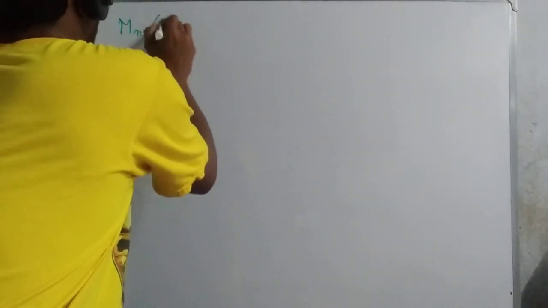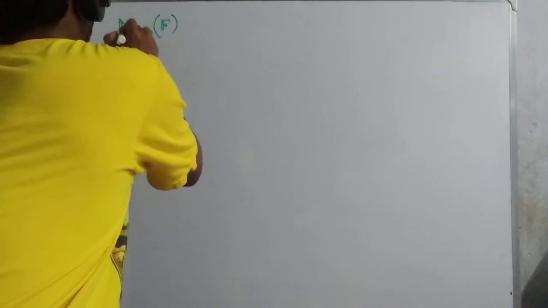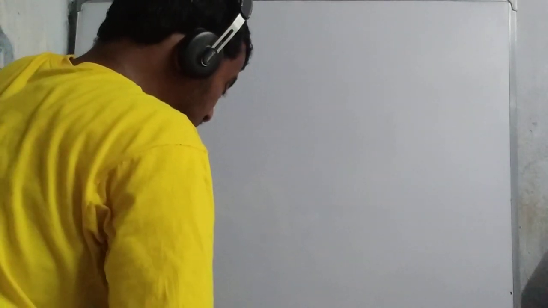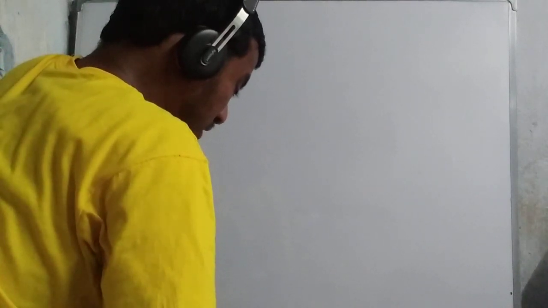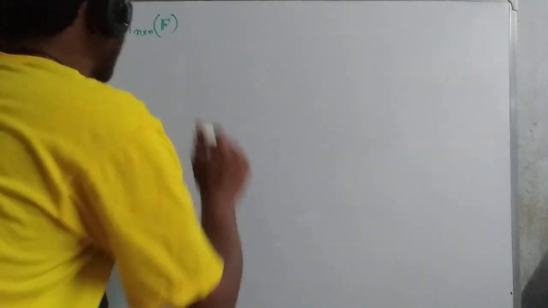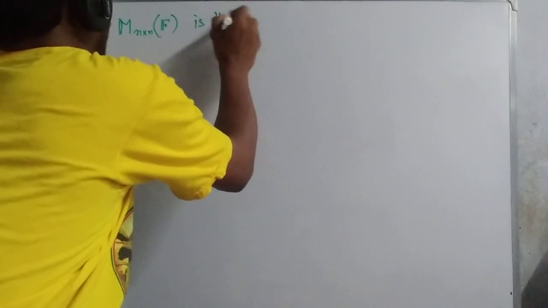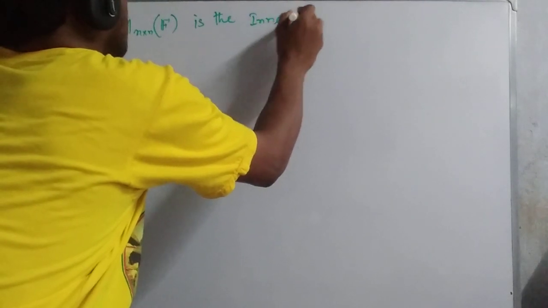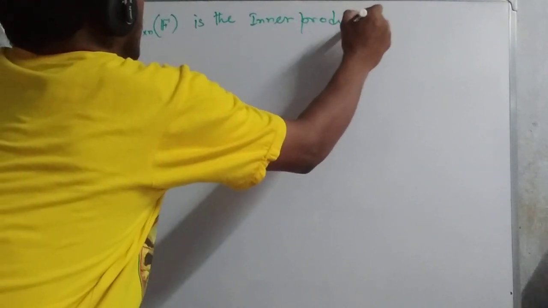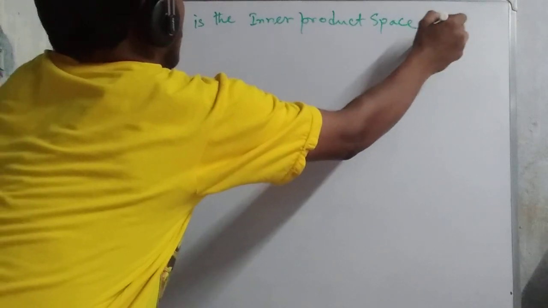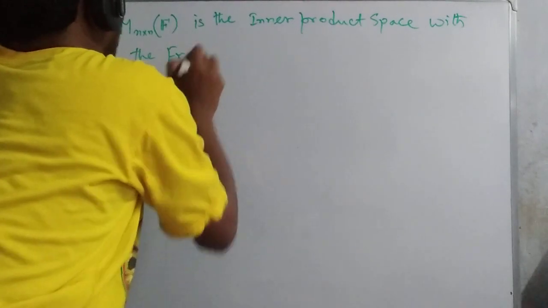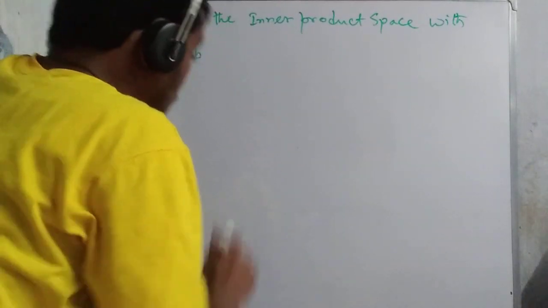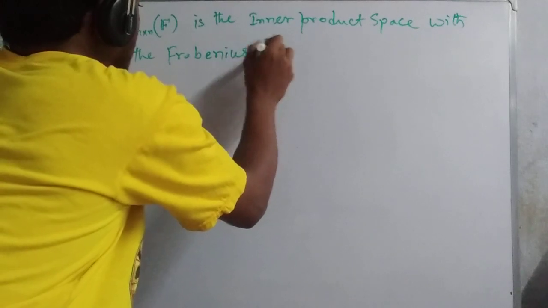Now here M_{n×n}(F) denotes the inner product space with the Frobenius inner product.